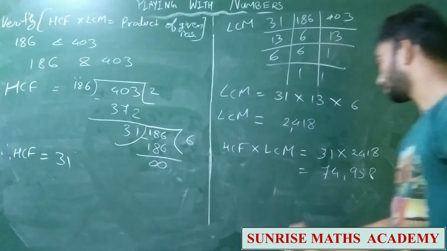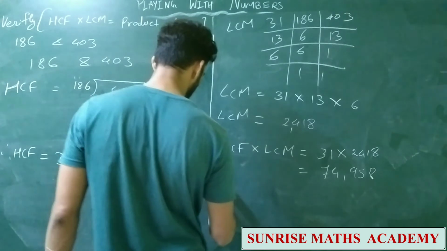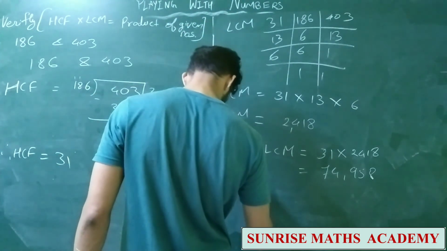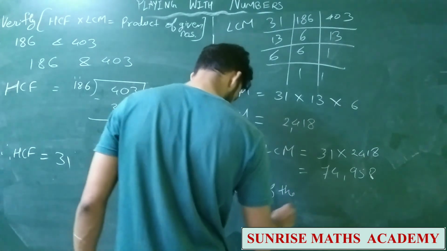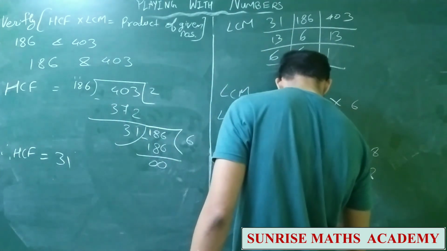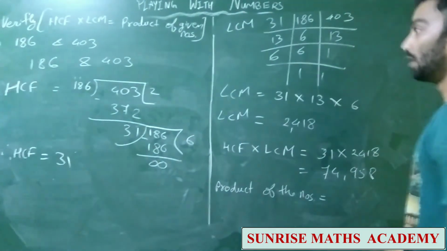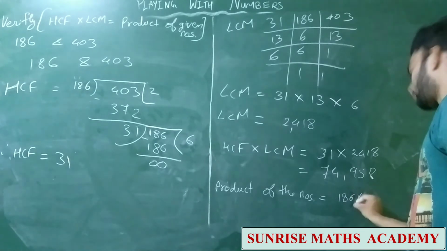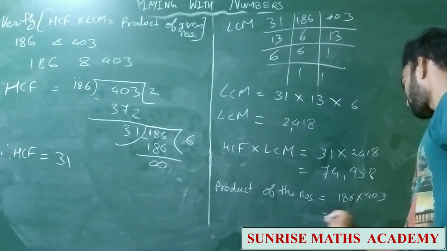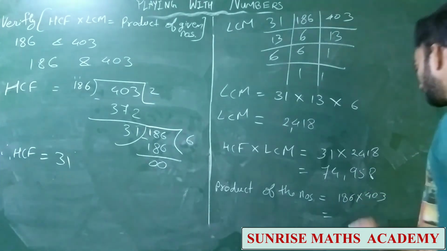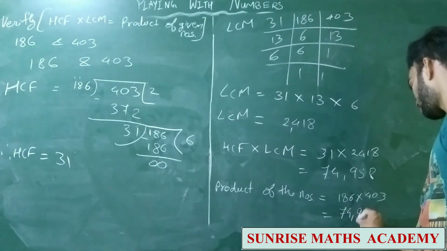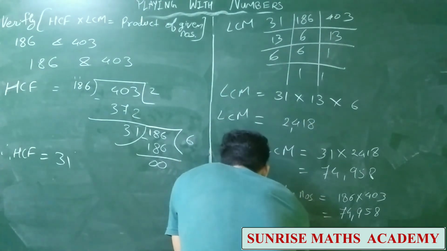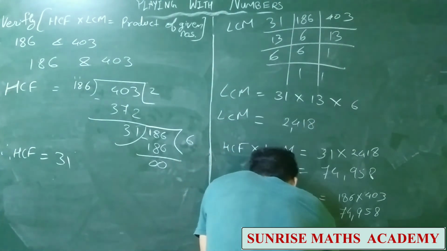And therefore you can check product of the given numbers, 186 into 403. So again you can do the rough work. The answer is 74,958. Hence verified, very good.